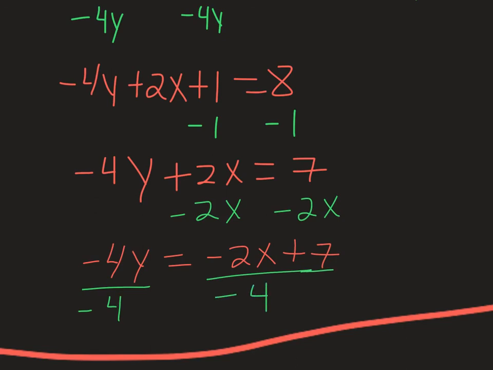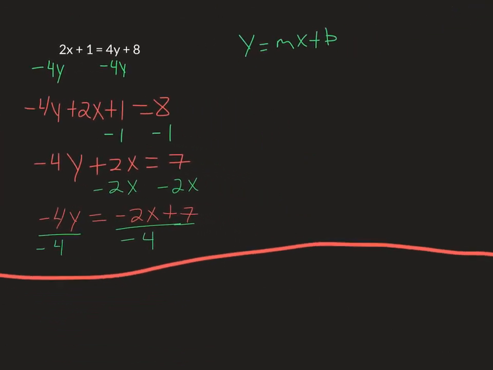And when we do that, we're going to get a final answer of, hold on, let me get my marker, y equals. Now careful here, we have a negative over a negative. Negative 2 divided by negative 4. We know that a negative over a negative is a positive, right?